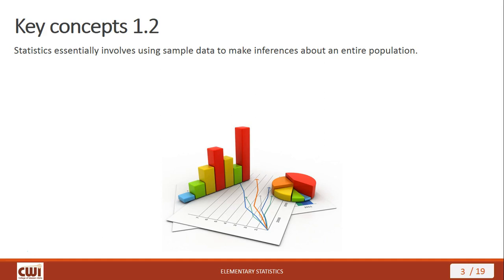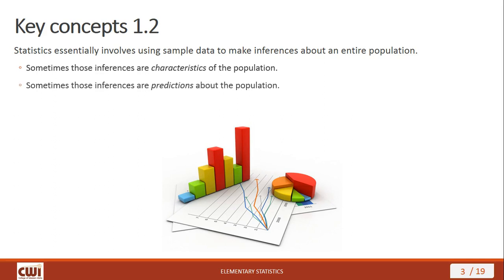Go ahead and just get the sample and use the data from the sample to make an inference about a population. Now, sometimes those conclusions or inferences we make are going to be about the characteristics of a population or how the population is right now. Other times, the inferences or conclusions that we make are going to be predictions about the population.